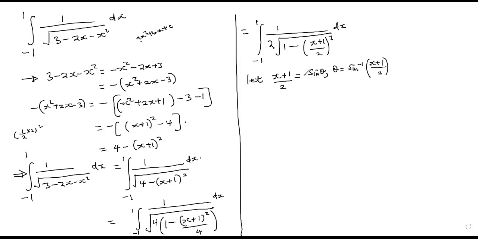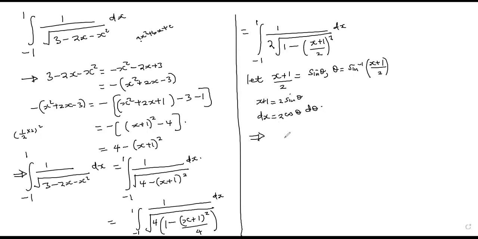For differentiation, you can cross multiply so that x plus 1 is equal to 2 sine theta, if this is harder for you. So when you differentiate this side, you will get dx is equal to 2 cos theta d theta. So now you substitute everything.